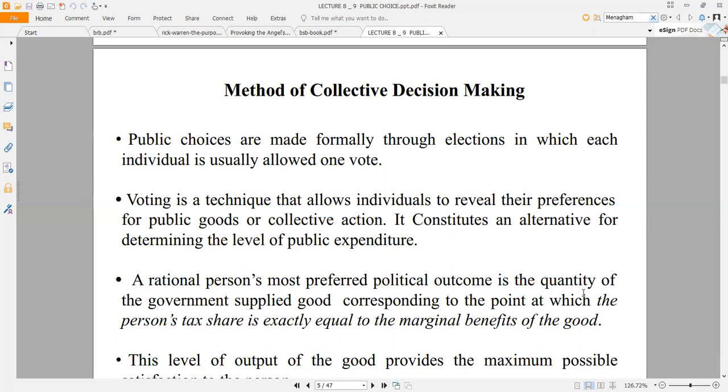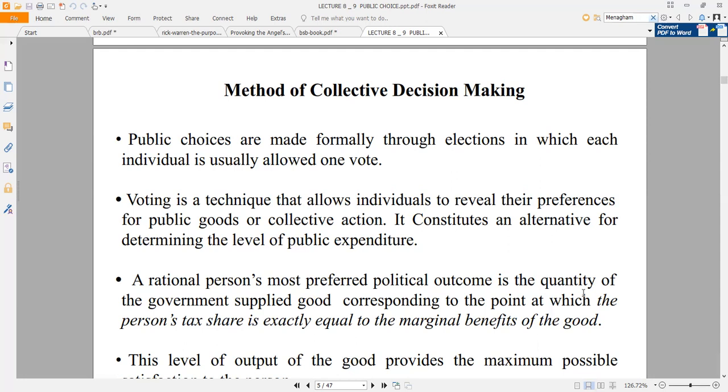So you vote to actually reveal your preference. Maybe the voting is between the implementation of one policy out of two policies, so you are able to reveal which policy you actually prefer. If it's in terms of goods and services, we probably have more public goods that can be produced, but we vote to reveal which of those particular public goods we want.